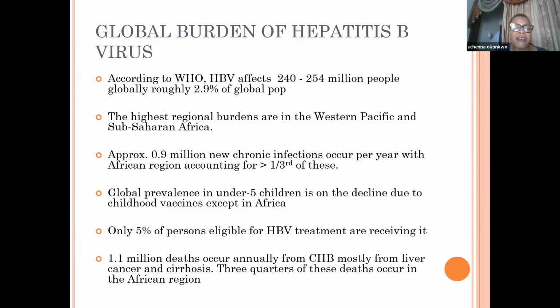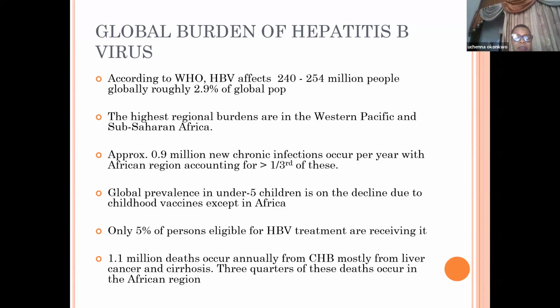And for sub-Saharan Africa, Nigeria is a key country in that region. Approximately 0.9 million new chronic infections occur per year, with the African region accounting for more than 1/3 of these new infections. The global prevalence in under 5 children is on the decline.